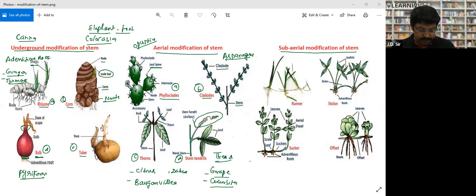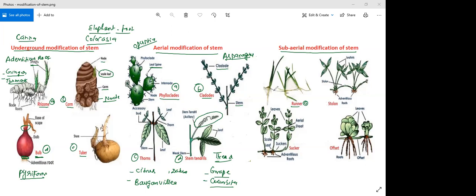This is the example of a runner. They are narrow, green, above the ground, horizontal stems. Full stop. They develop erect shoots. Sir, can you repeat the first point?